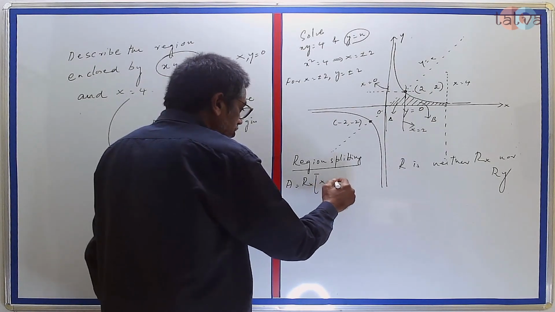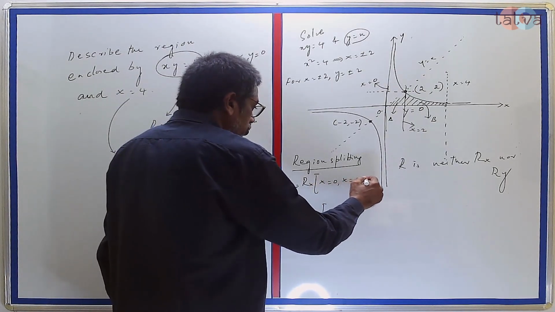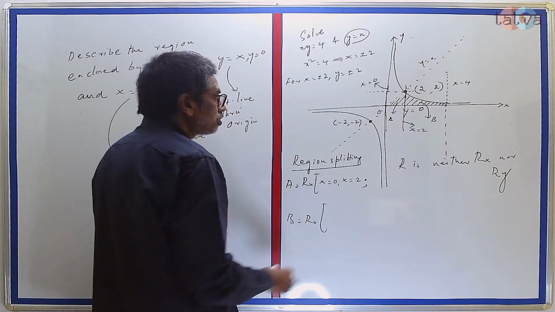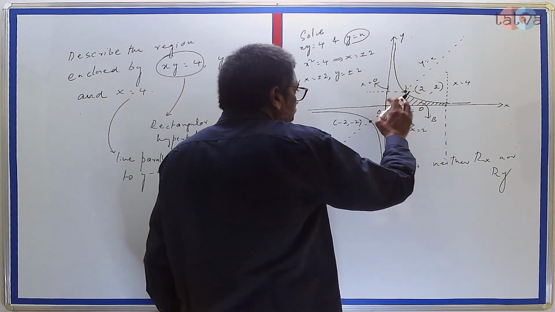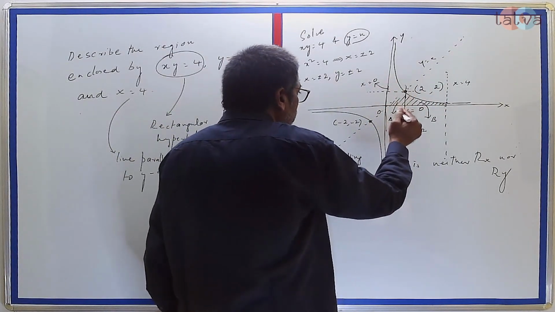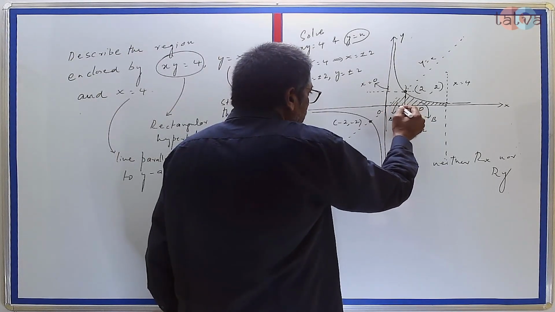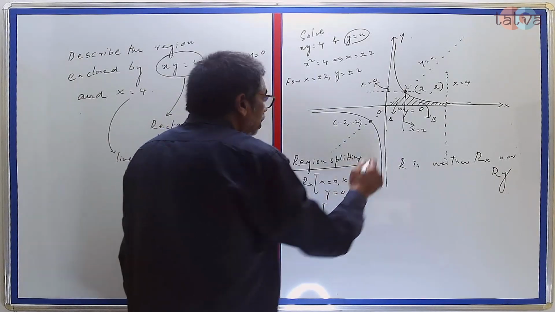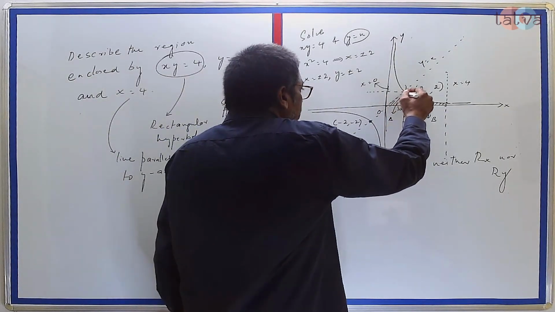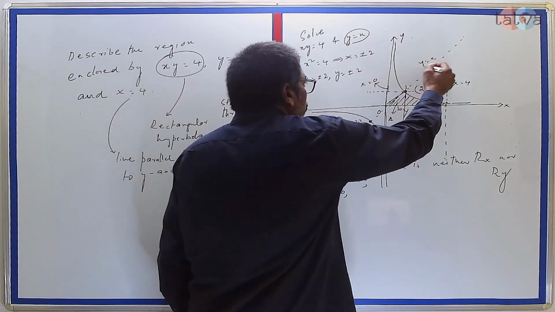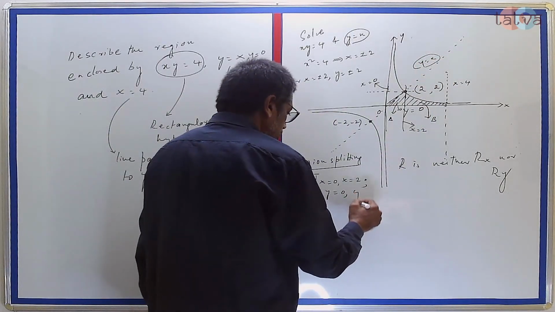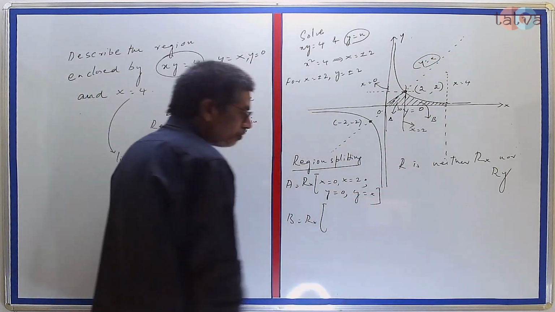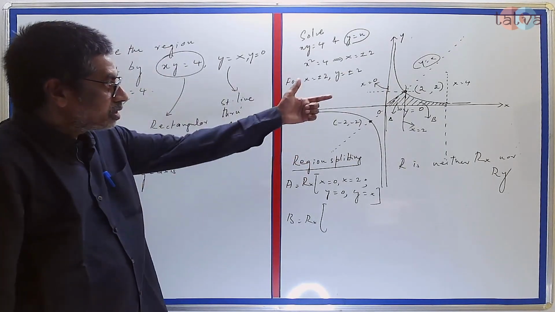So x is equal to 0 to x is equal to 2; don't look at B, only look at A. x is equal to 0 to 2. This is the lower boundary, that is y is equal to 0. And this is the upper boundary. And what's the equation of that? y is equal to x. That describes the region A.